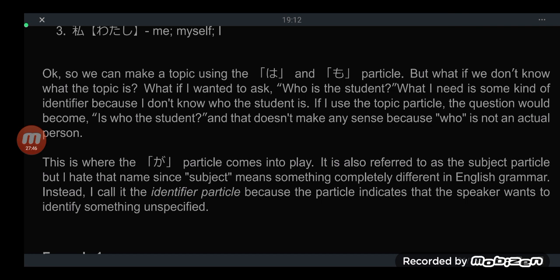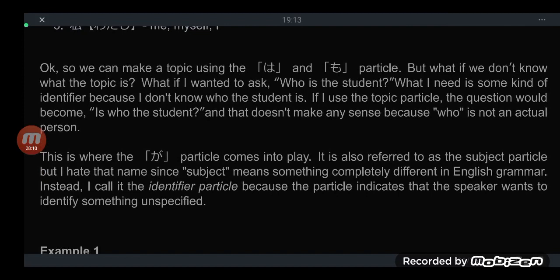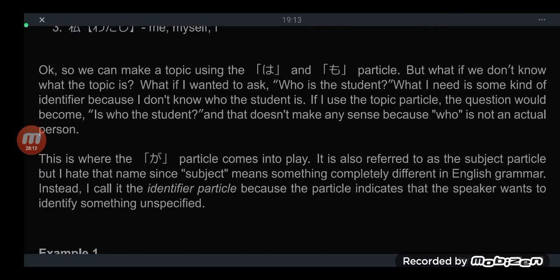I am the one that will buy the katsudon. Watashi ga katsudon wo kaimasu. Kaimasu, kai is the transitive verb. In this kind of sentence, you can see that the ga, watashi ga, identifies me as the doer of the action. Okay, please screenshot this explanatory note for the ga.